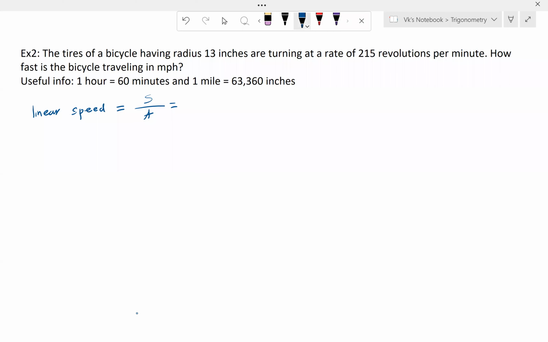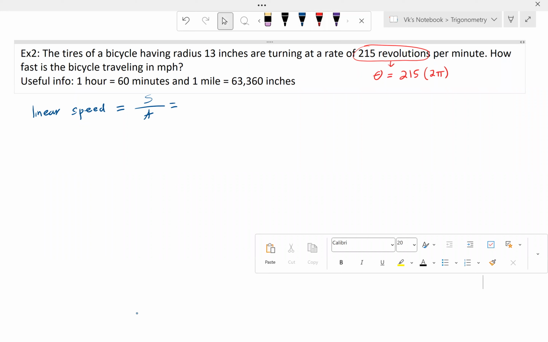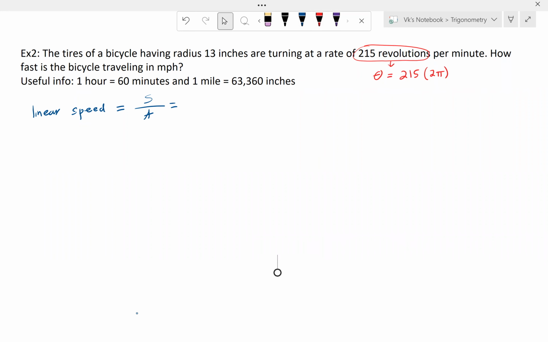The angle here is 215 revolutions, meaning that the angle theta is 215, and each revolution is 2 pi. So 215 times 2 pi.